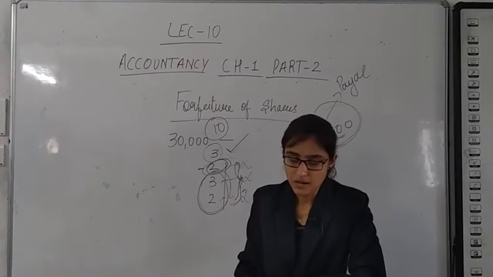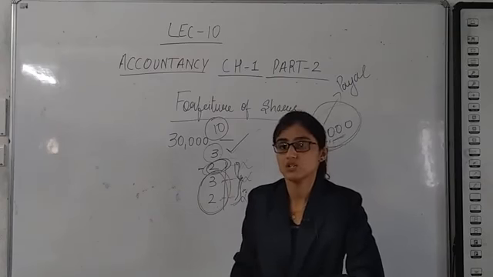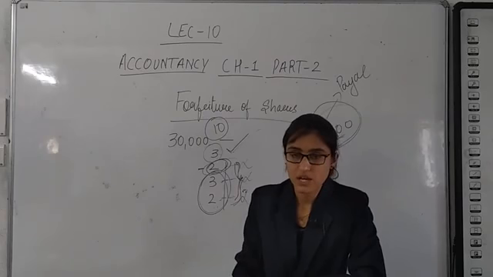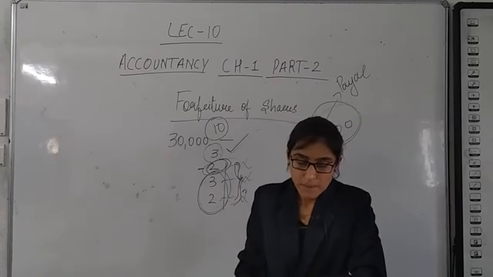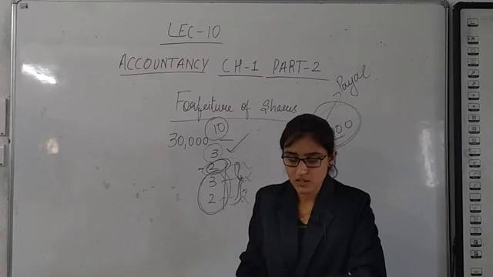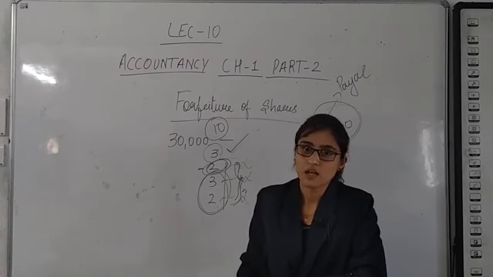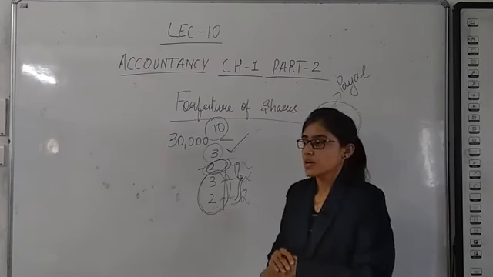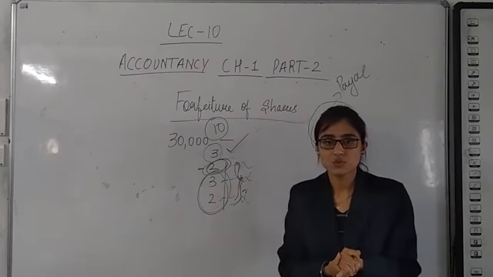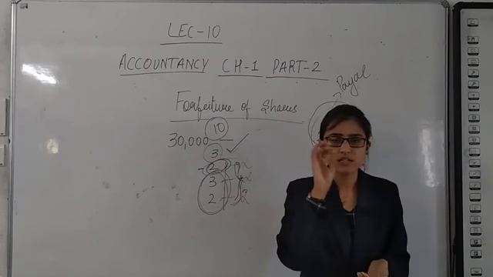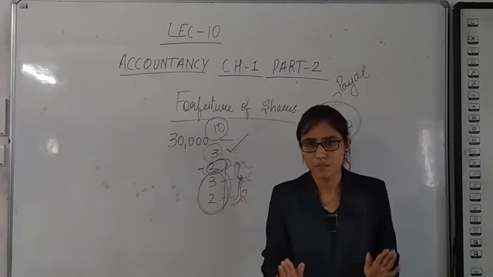Govind had paid 4 per share on application, 3 per share on allotment. Pass necessary journal entry for forfeiture of shares. Alright, there is no premium in this question. So the journal entry is going to be extremely simple.